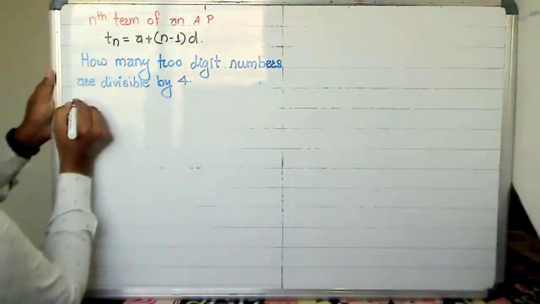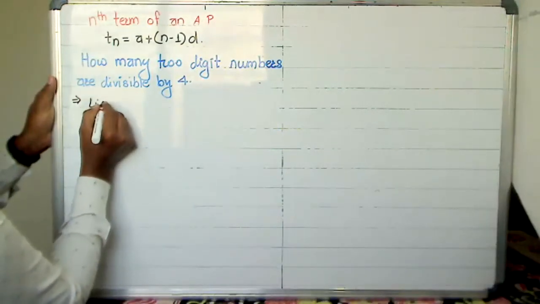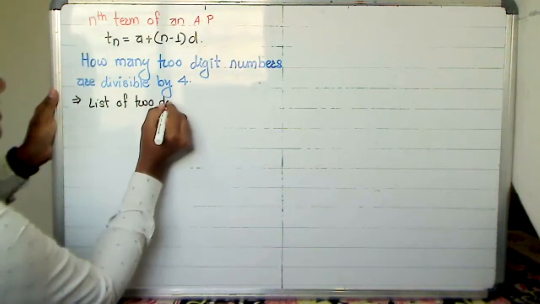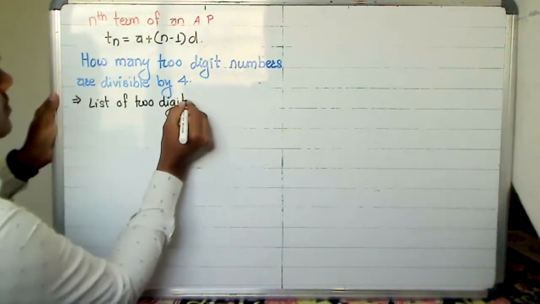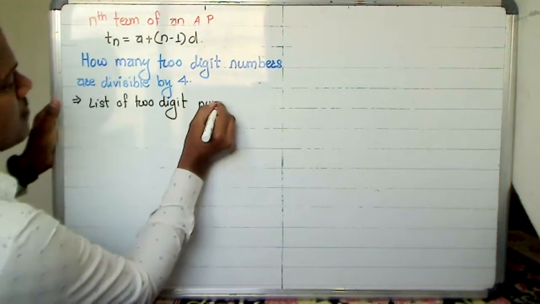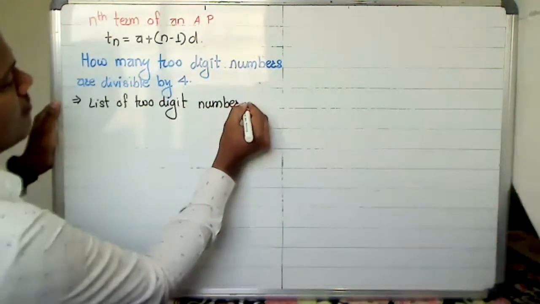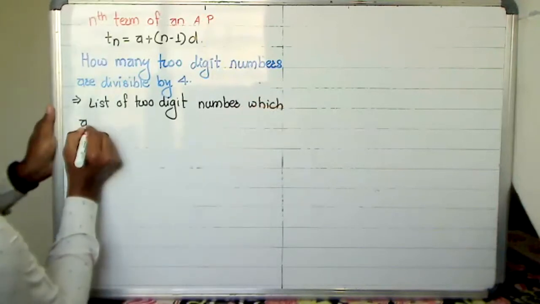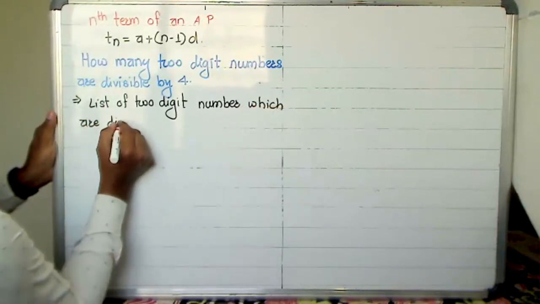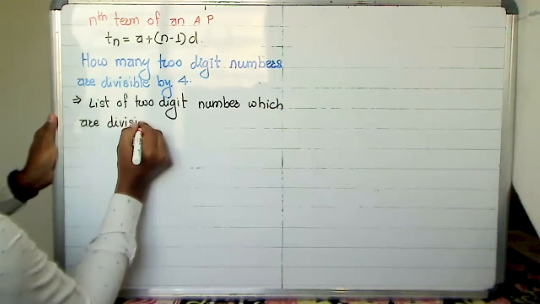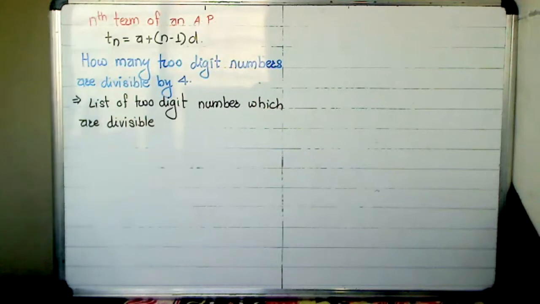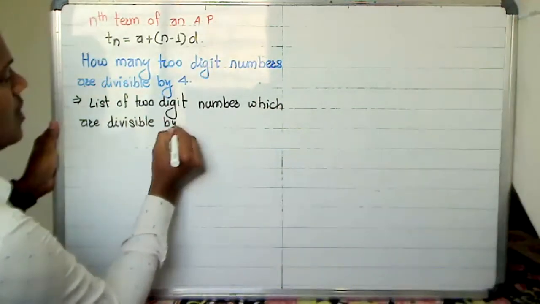So I am writing here: list of two digit numbers which are divisible by 4.